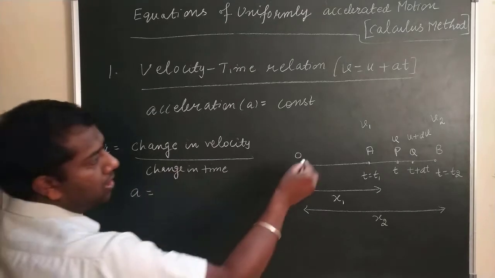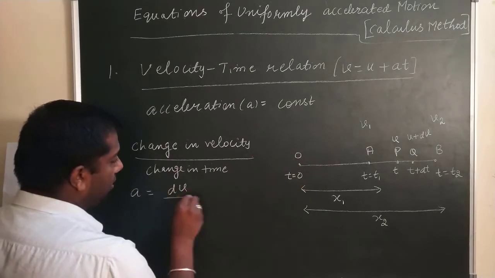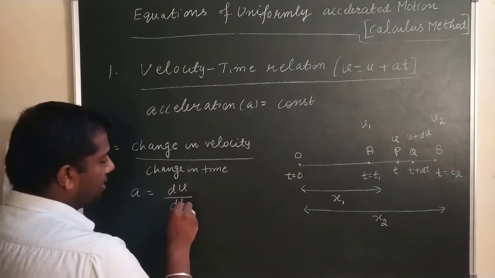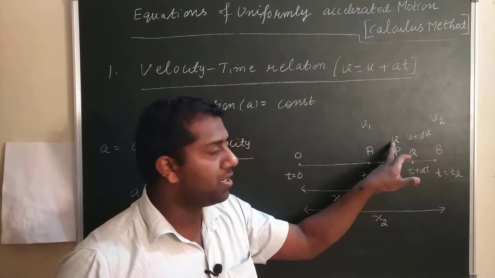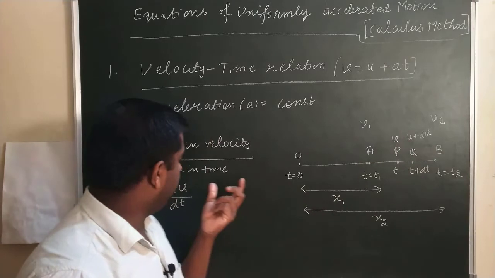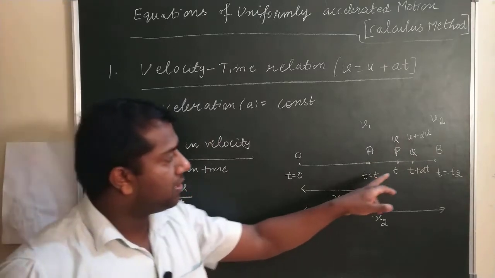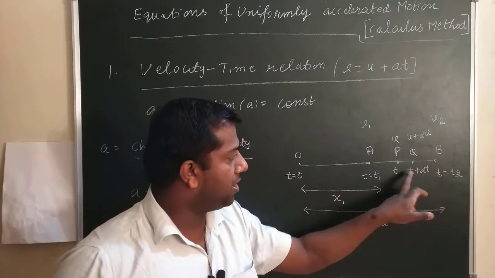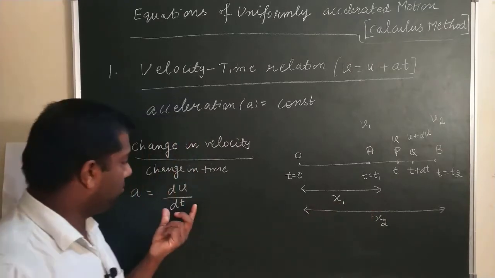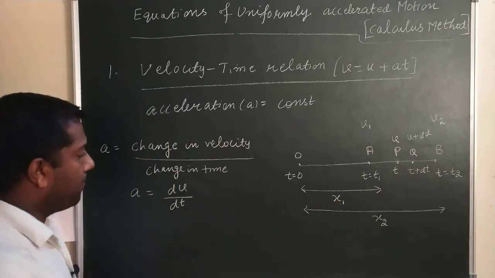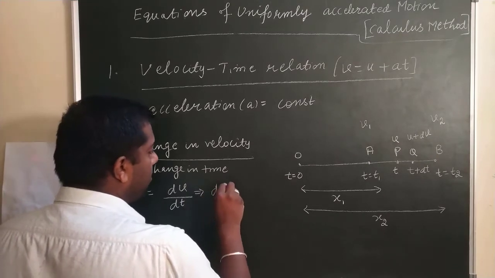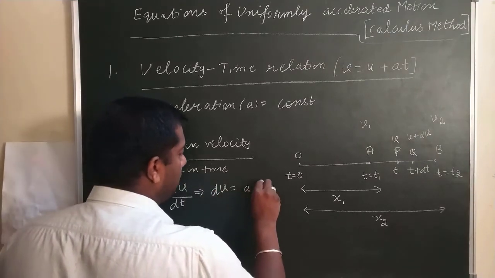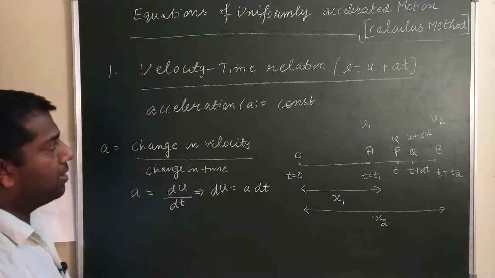Change in velocity is dv, and what is the change in time? This is dt. Because v plus dv minus v is dv, we have written dv, and the change in time t plus dt minus t is dt, so we have written dt. So now by cross multiplication I can write dv is simply equal to a dt.